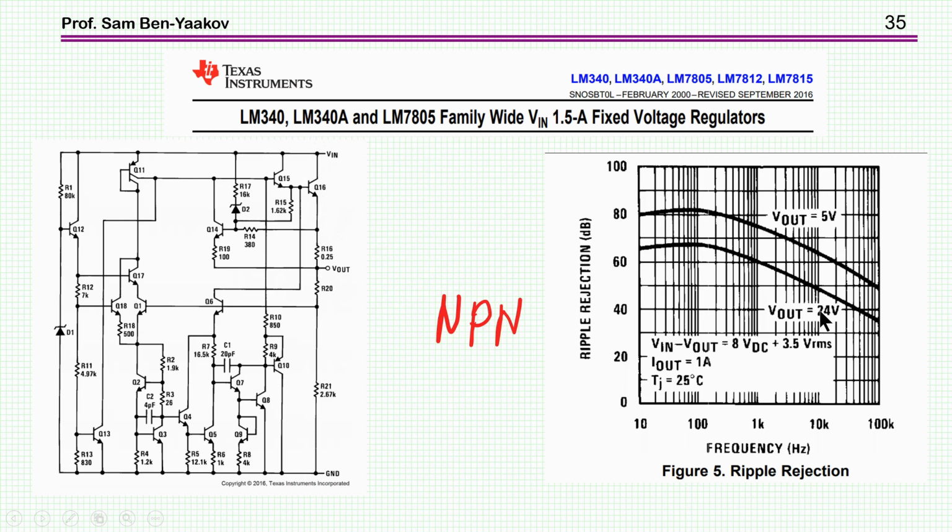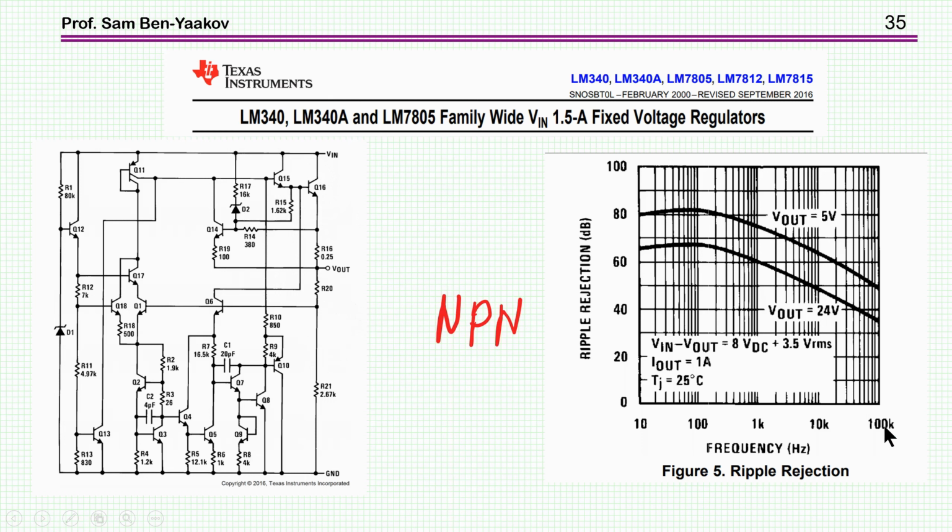It's depending on the output voltage. This is not a 5 volt unit, of course. They have a family, some are higher voltages, and we see that's about 80 dB, so it's 10 to the 4th, quite a bit. And this is because we have only the resistance injection, okay? There is no GM here, as we have talked about.